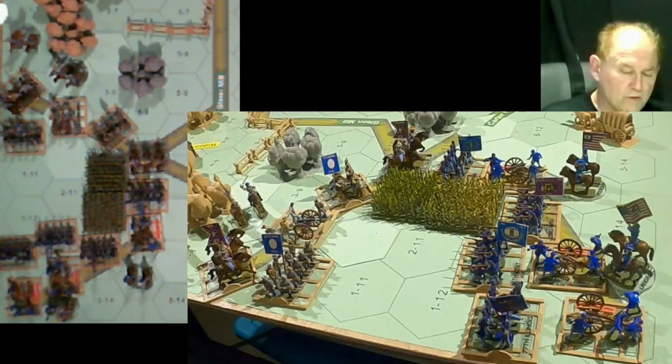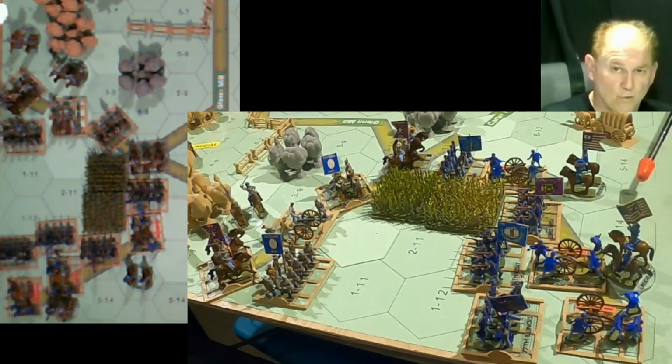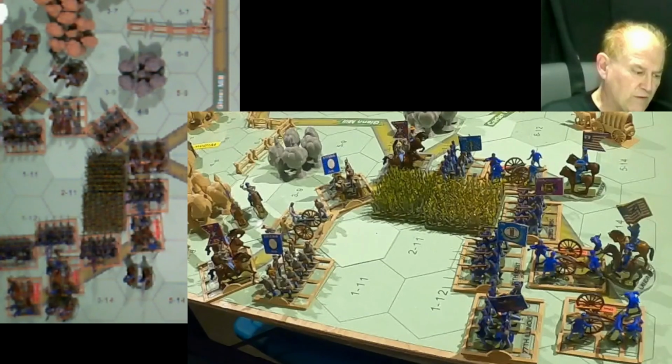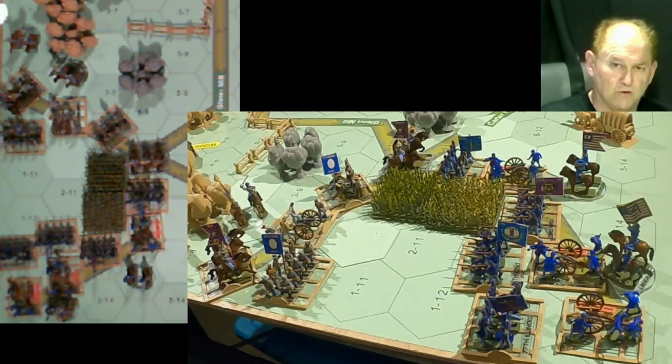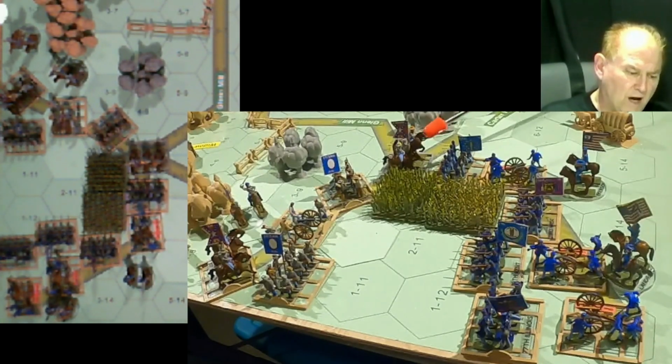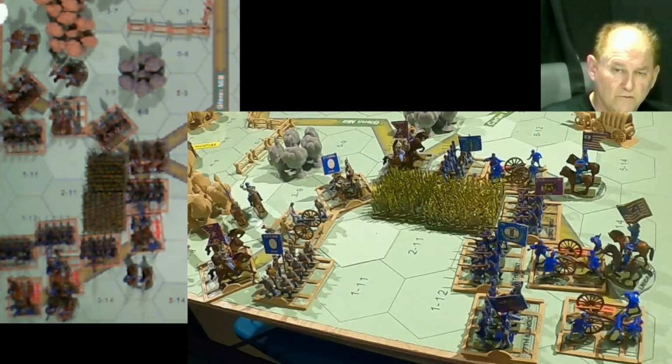So with all our units deployed, you see the Union's got the same thing. They got the two batteries. Their commanders are out of neighboring hex range, so they won't be included in any potential being hit from the firing. So when we go to the melee here, the cavalry has a value of 4.